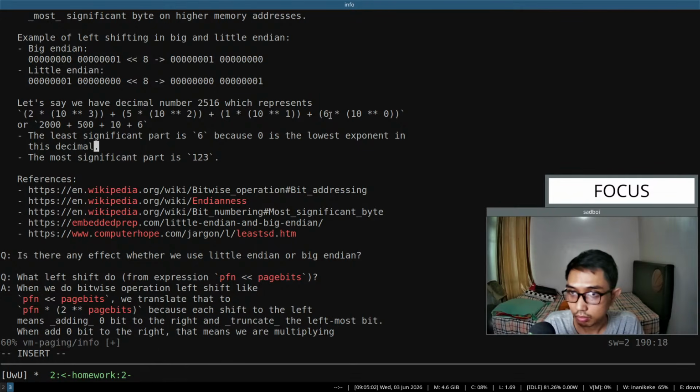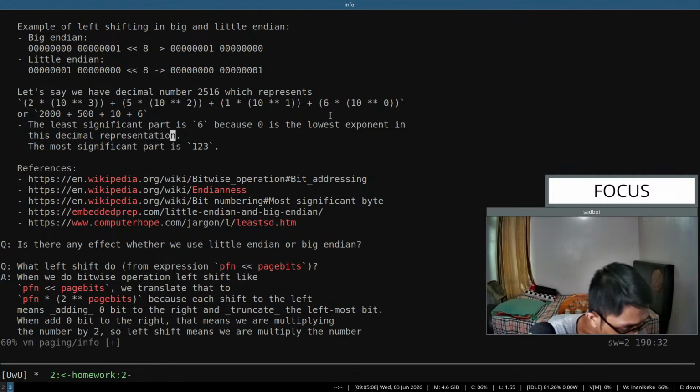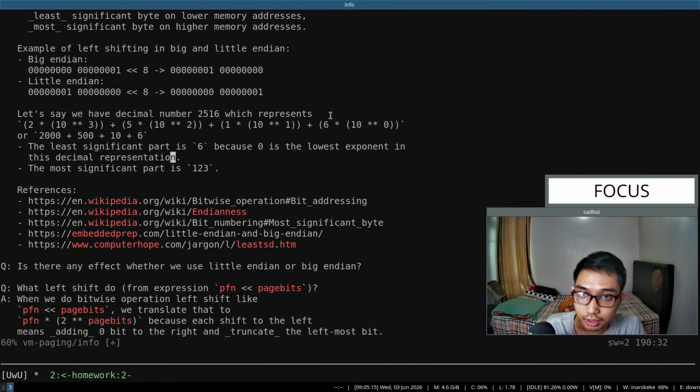In this decimal, you can do the same with binary. It's just power of 2 instead of 10.